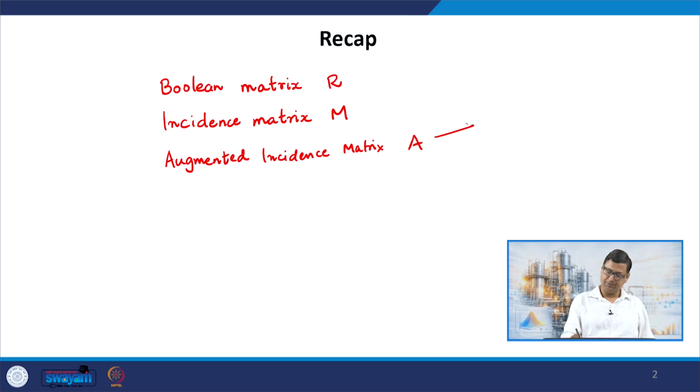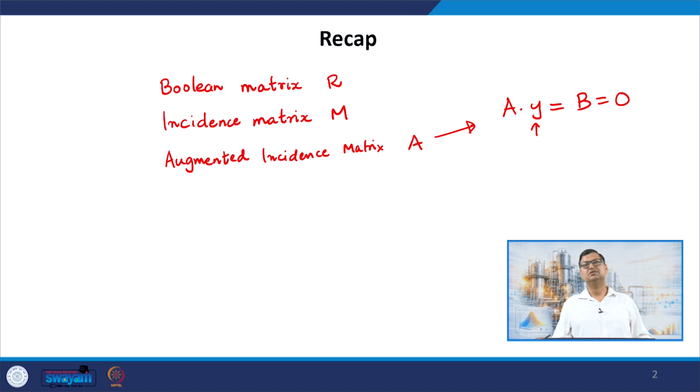and therefore I can use that matrix to construct the balance equation, where B y is equal to a null vector O and y is the column vector containing the edges, which may correspond to, let us say, flow rates, right.